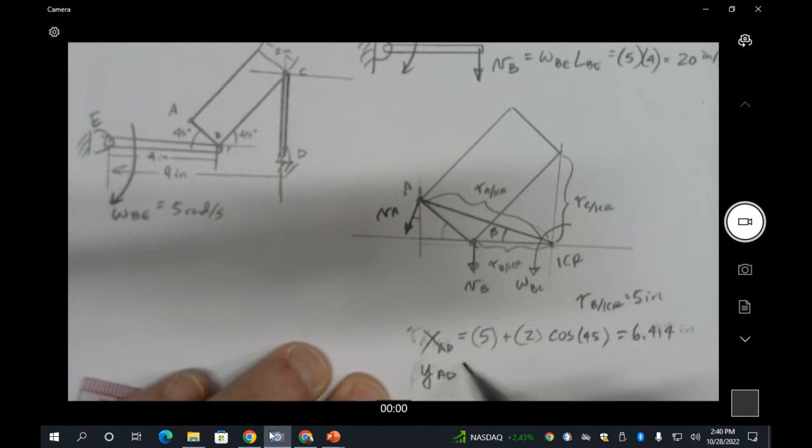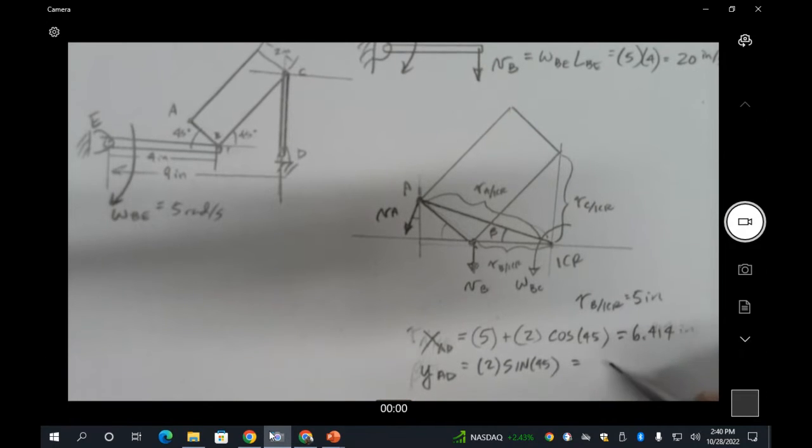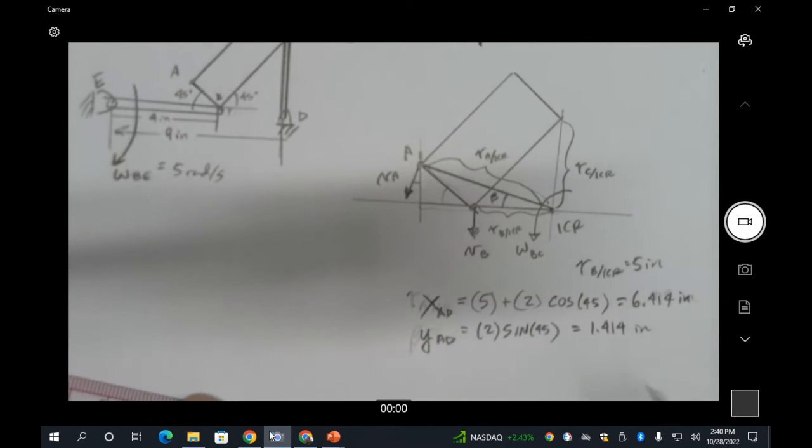And we could go YAD, and that's just going to be 2 times the sine of 45, but obviously that's the same thing that we just got right there, which should be 1.414 inches. So RA with respect to ICR is going to be the hypotenuse of that, 6.414 squared and 1.414 squared.